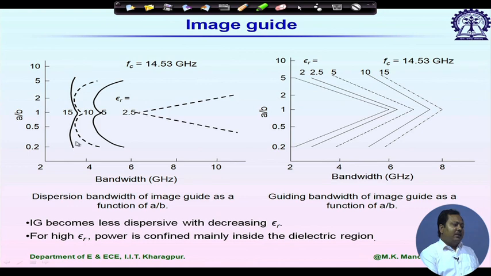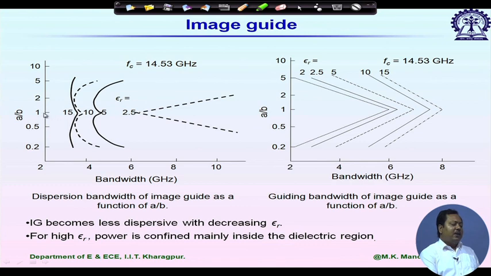This is plotted for a given image guide with fc equal to 14.53 gigahertz. We see that if I change the epsilon r values, the dispersion bandwidth changes. Smaller epsilon r has higher dispersion bandwidth, and it is highest for A equal to B.